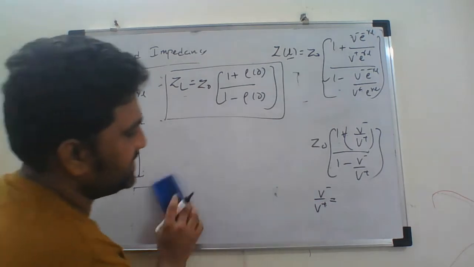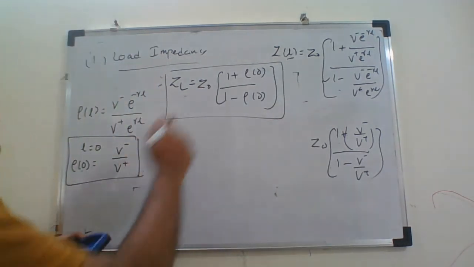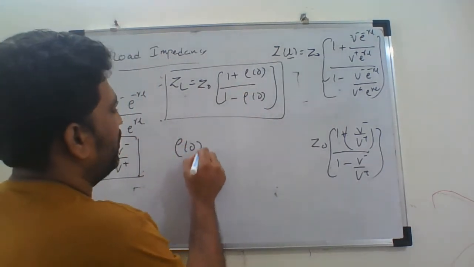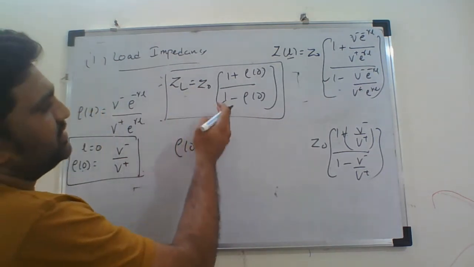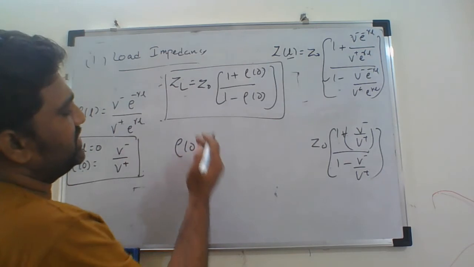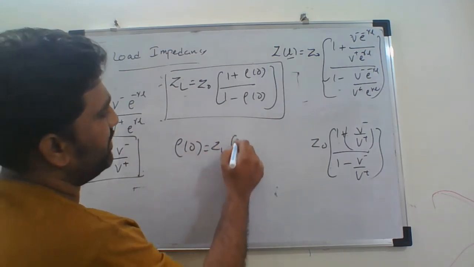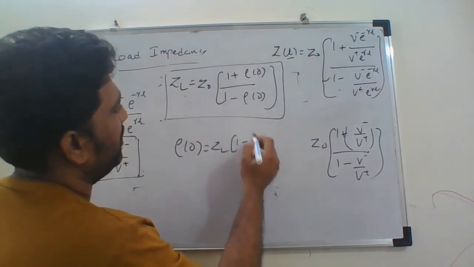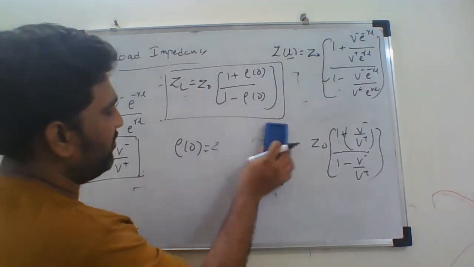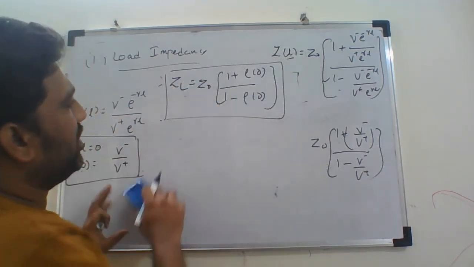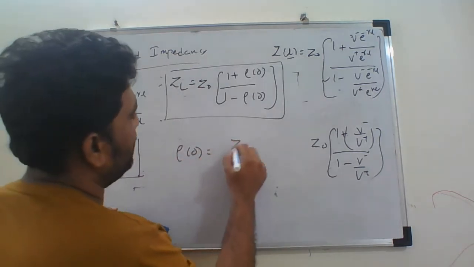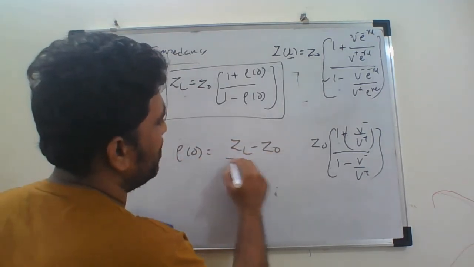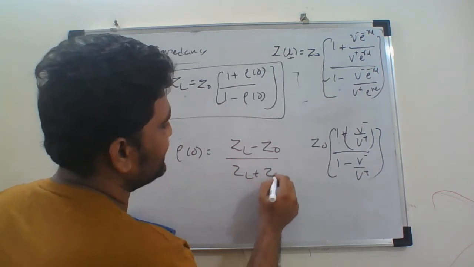Now if I want to calculate rho of 0, sending Z naught to this side, we get ZL into (1 minus rho of 0). If I solve all this, sending rho of 0 to this side and taking the common term, we get rho of 0 is equal to (ZL minus Z naught) by (ZL plus Z naught).